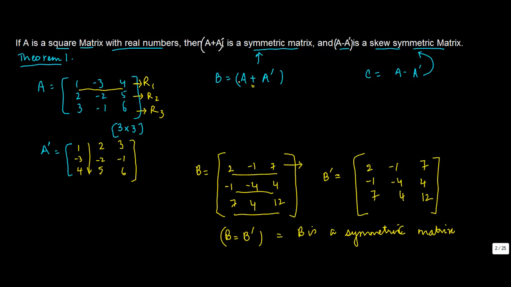Can we try and prove that this is also true? Let's try it. Let's say we take a transpose of both the sides. So we get B dash is equal to A plus A dash transpose. So we say this is A transpose plus A transpose transpose.